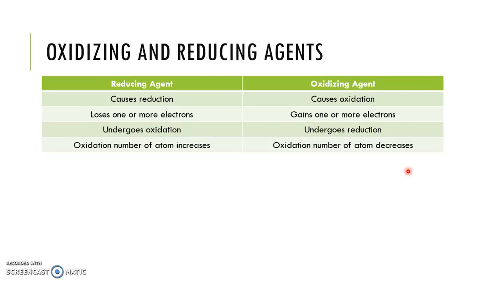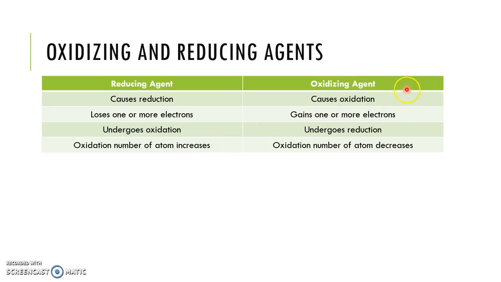In a redox reaction, there are oxidizing and reducing agents. Reducing agents are substances that will cause reduction in other substances. It itself will lose one or more electrons, it itself will undergo oxidation, and it itself will increase in oxidation number.